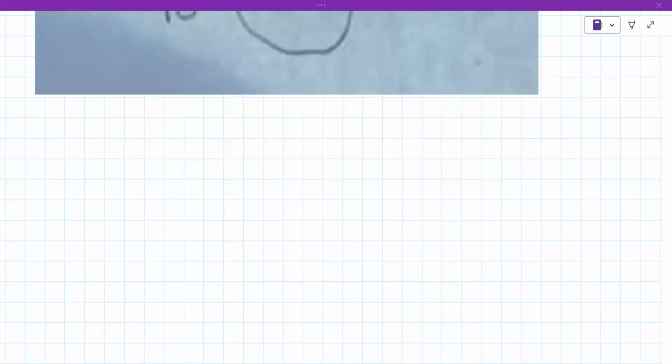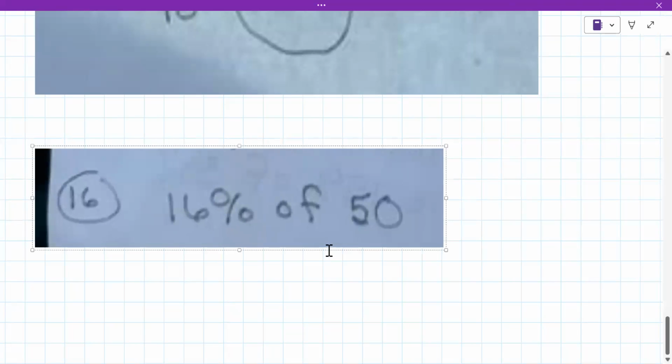All right. So that's good. We're moving on to the next grouping of questions here. The teacher is correct here, the way they're presenting it, that the word of you want to think of as multiplication. So there's a couple ways to do this. You can think of 0.16 times 50. I guess you could get rid of the decimal and then just go 16 times 50 and then bring the decimal back in.